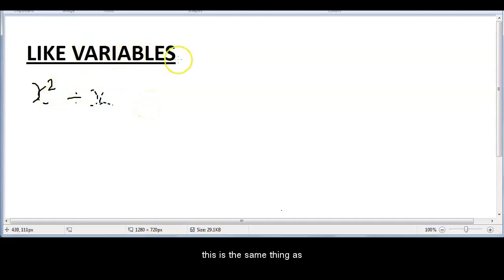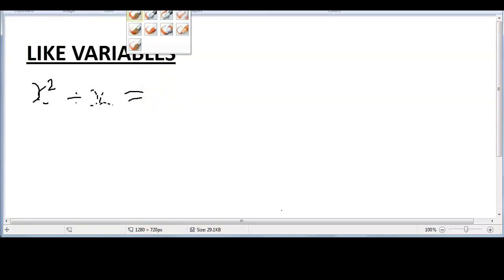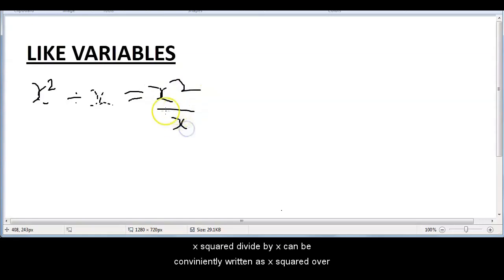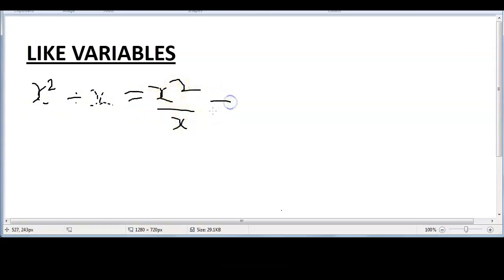Sorry, let me clean this up. x squared divided by x can be conveniently written as x squared over x, or if we are going to use multiplication, it's going to be x times x all over x, since x squared means x multiplied by x.